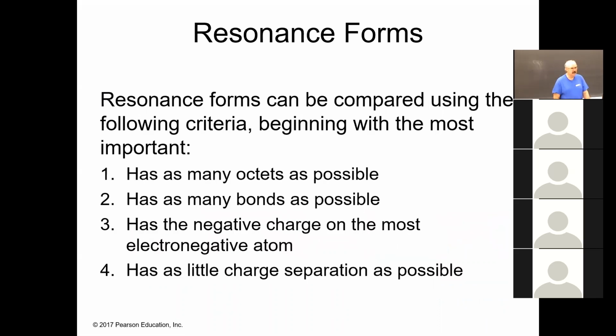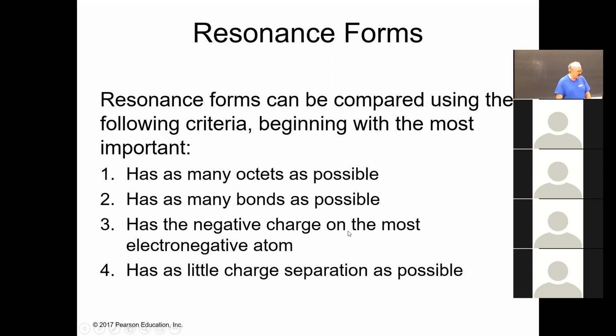And if we have non-equivalent resonance contributors, we can determine which one has more contribution based on which structure has as many octets as possible, has as many bonds as possible, and has the negative charge on the most electronegative atom.